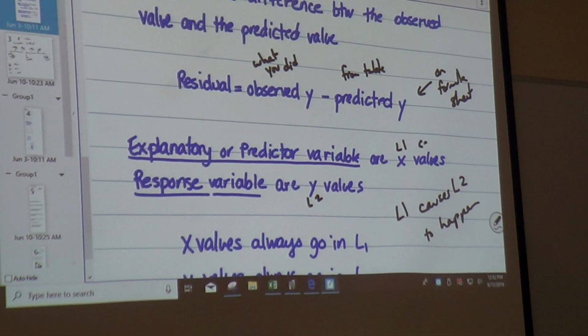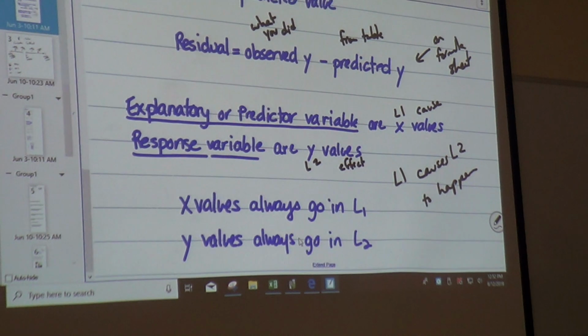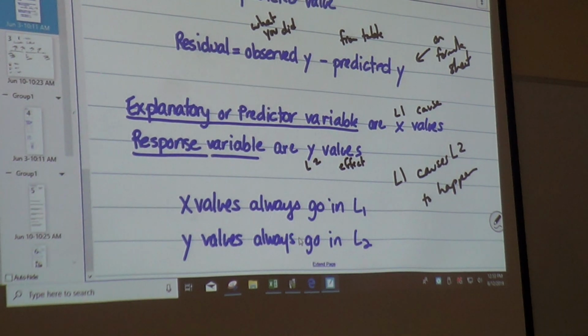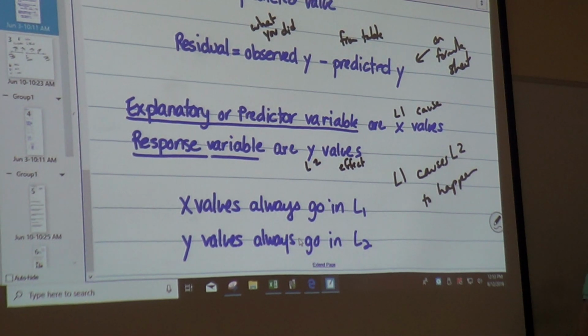So this is going to be like your cause, and this is going to be like your effect. Your X values are your L1, your Y values are your L2. It's your cause and your effect. One causes the other to happen. So when we look at a problem, we have to say, what causes what to happen? And it seems confusing now, but don't stress out on me. I promise it's going to make sense.